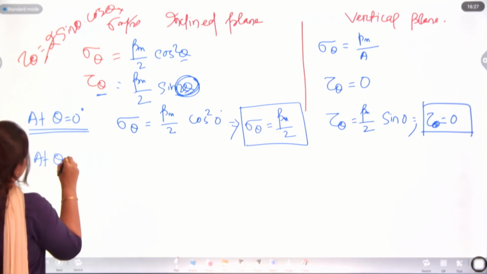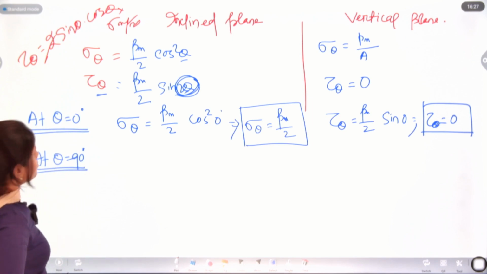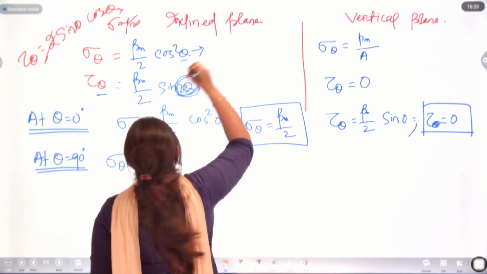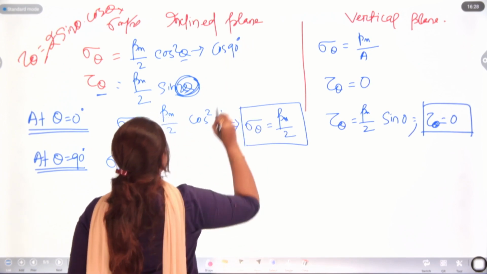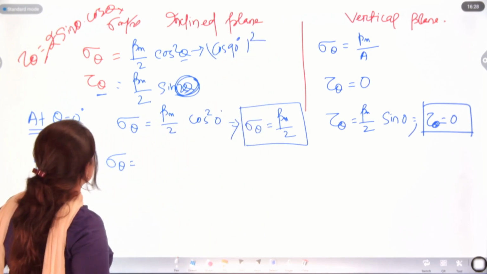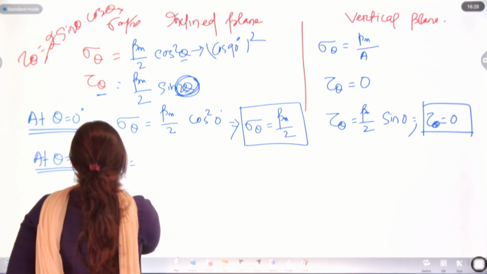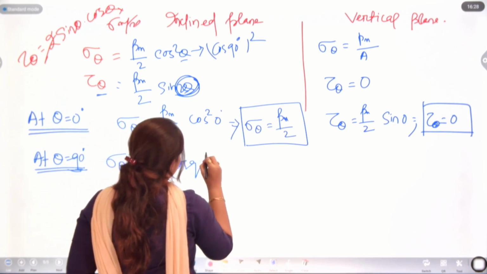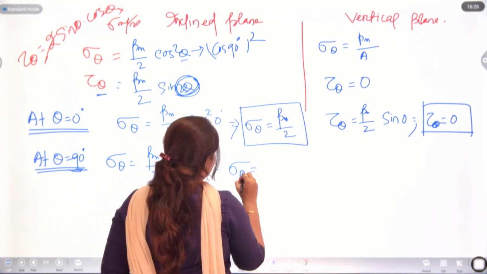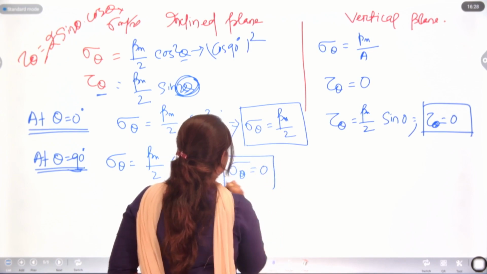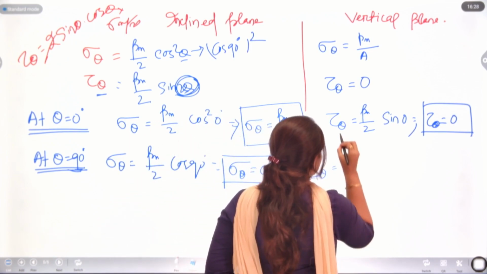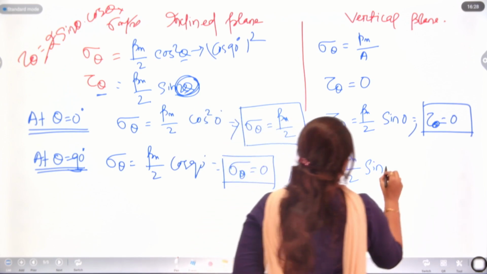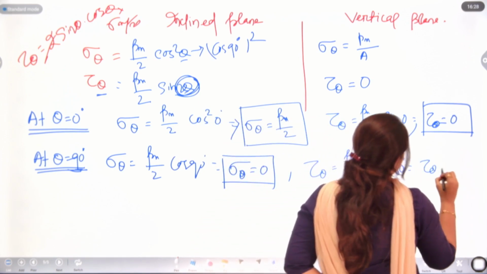Now at theta equals 90 degree, sigma theta equals Px by 2 cos square 90 degree. Cos 90 is equal to 0. So for theta equals 90 degree, sigma theta is 0 and tau theta is equal to Px upon 2 sin 2 into 90, that is sin 180 degree. It is also 0.